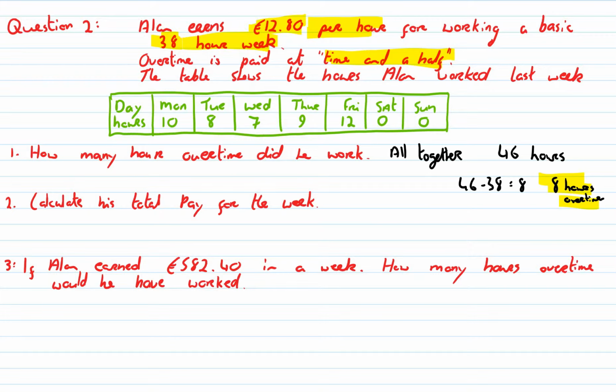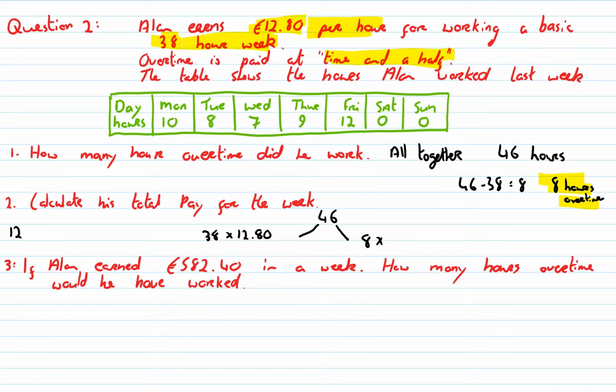Okay. Right, calculate his total pay. Well, his total pay is 46 hours, yeah? 38 of that is paid at €12.80. He also has overtime. He has 8 hours overtime. That's time and a half. Now, let's calculate the time and a half.